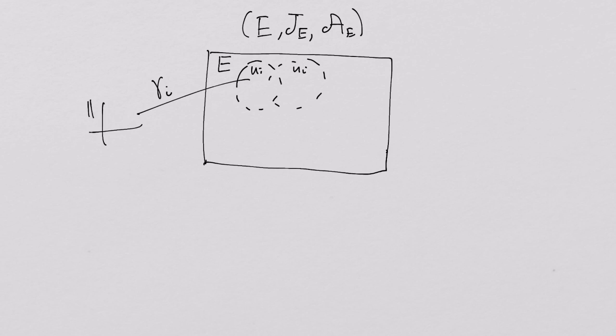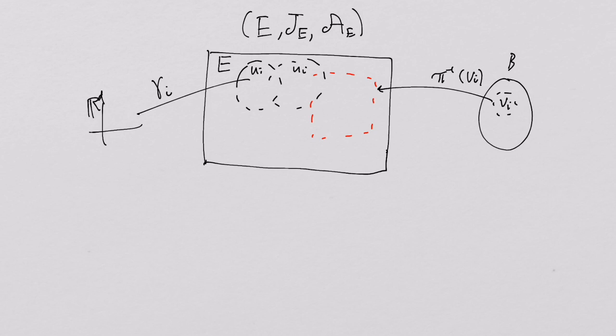Well, every chart in the atlas, U_I, U_J, has its own chart map to R^D. That is completely different than going back to the base space, taking a cover from the base space, which I'll call, say, V_I, inverse mapping that base space region into the total space, and then taking that and mapping that diffeomorphically to V_I Cartesian F. This is a chart mapping called a bundle chart.